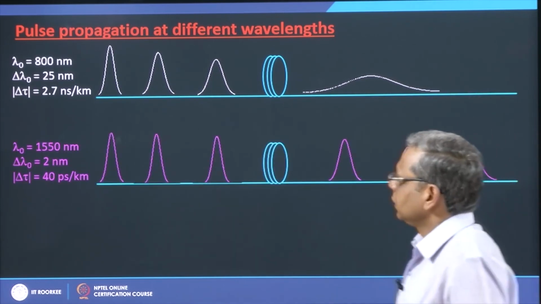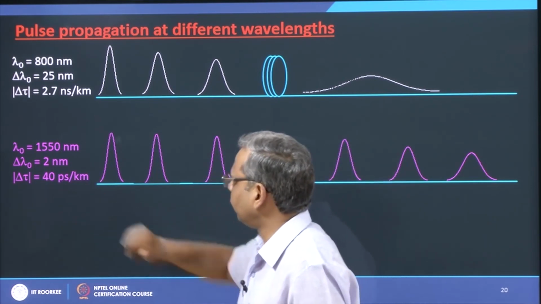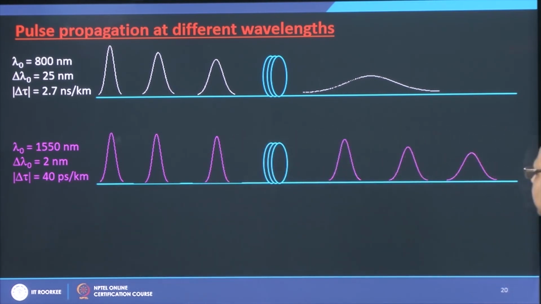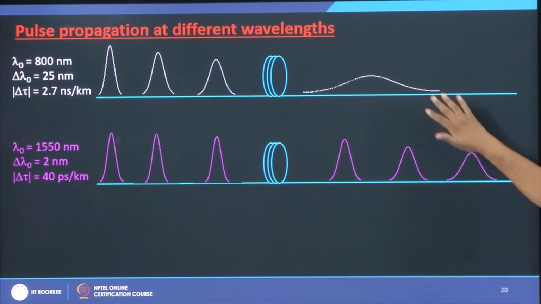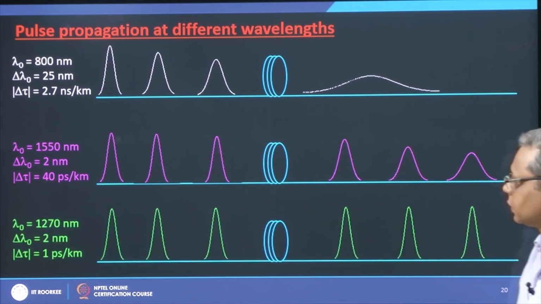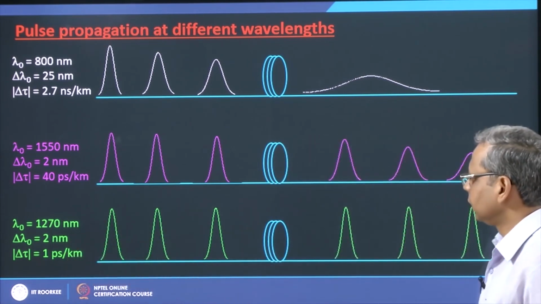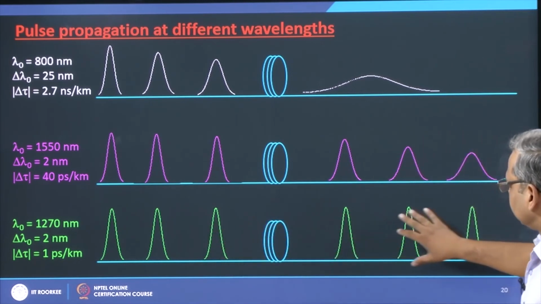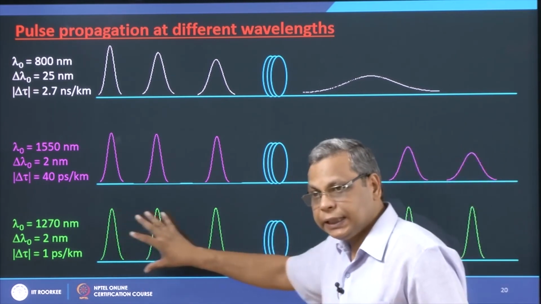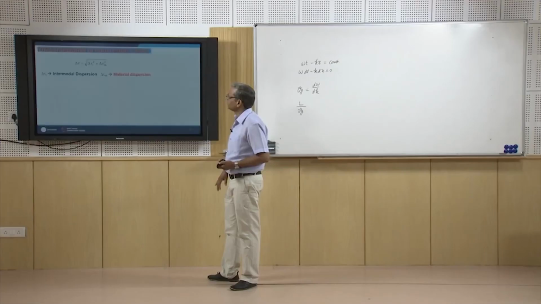When I use a laser diode at 1550 nanometer wavelength, which gives me a broadening of 40 picoseconds per kilometer, it also broadens the pulse there, but the broadening is not that much. But if I use a 1270 nanometer laser diode, then the broadening is very small, around 1 picosecond per kilometer length of the fiber, and at this wavelength the pulses retain their shape over very long distances.